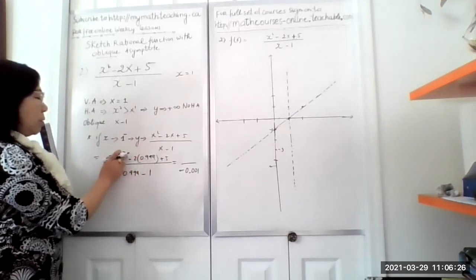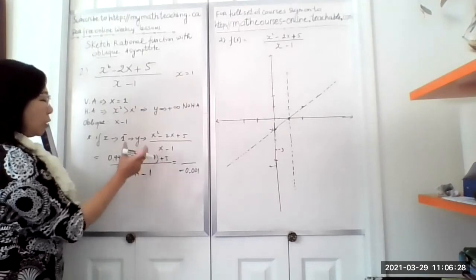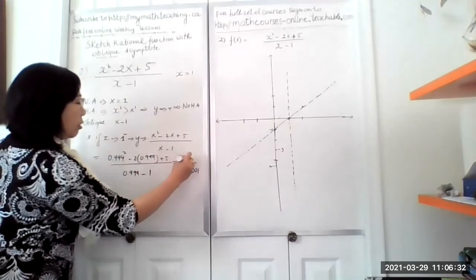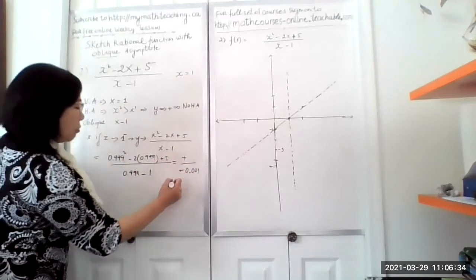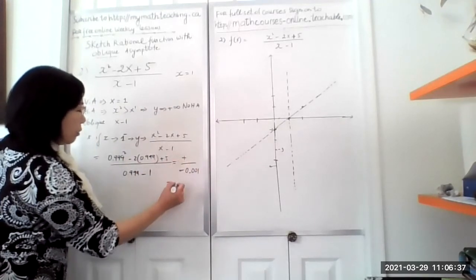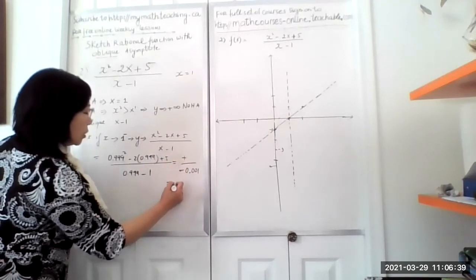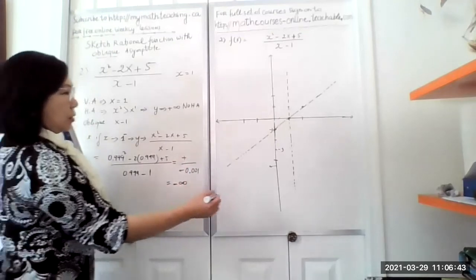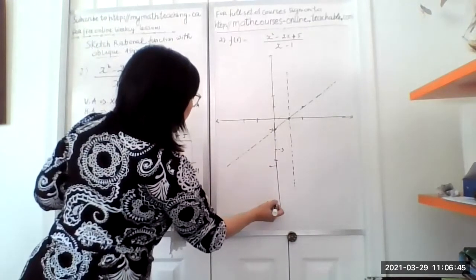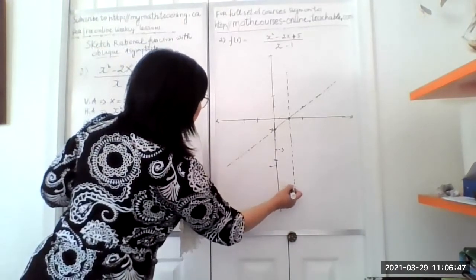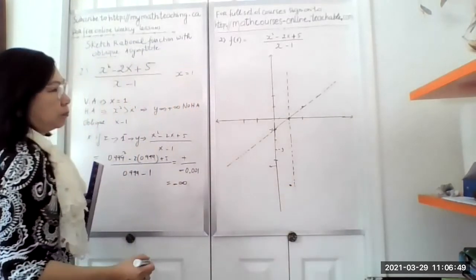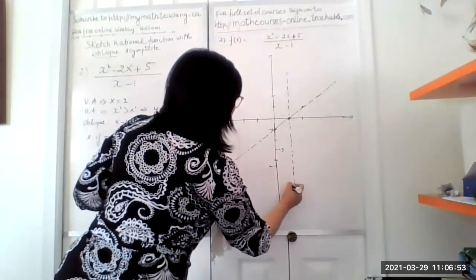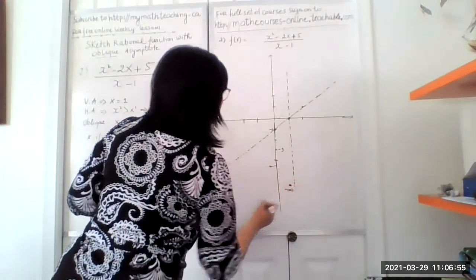So if you have a small number minus a small number and add the big number, the number on top will be positive. Therefore, you don't have to calculate it, you should know this will approach negative infinity. So we're going to put the pen down here, negative infinity. Our pen will be right here, negative infinity.